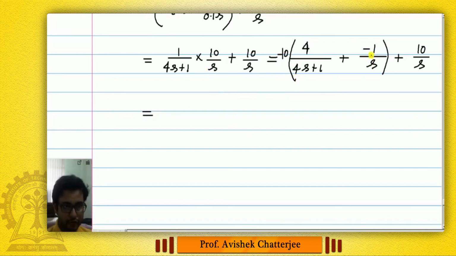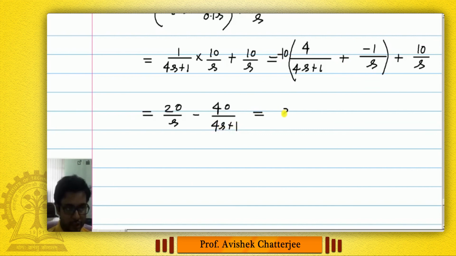So I have plus 1 by S, plus 10 by S, 20 by S, then minus 40 by 4S plus 1.